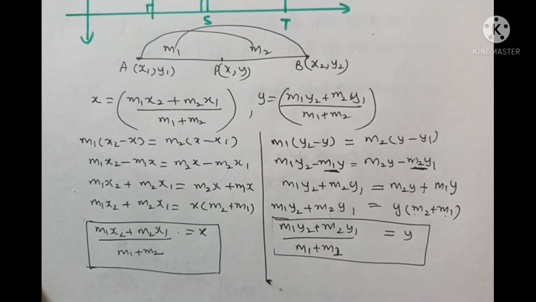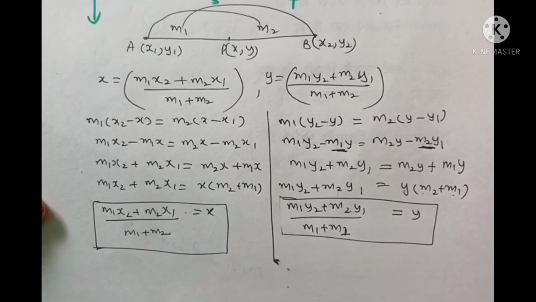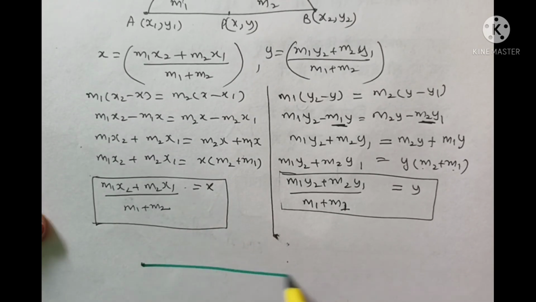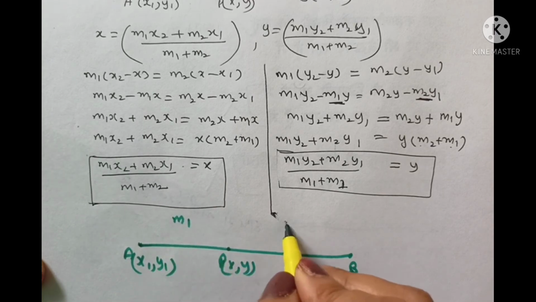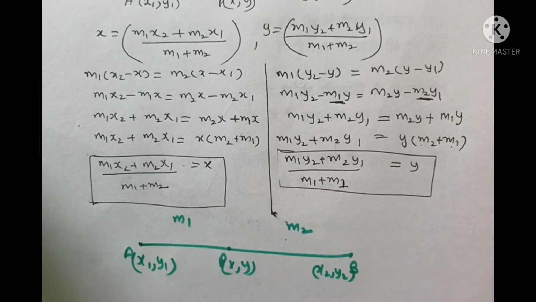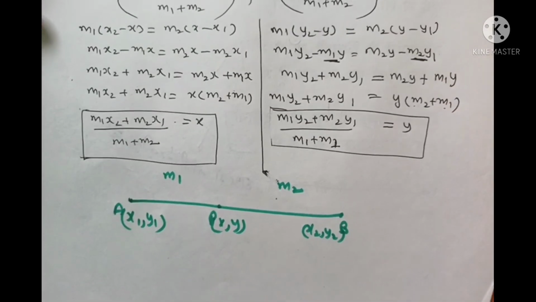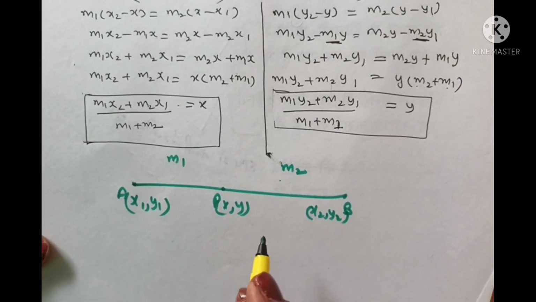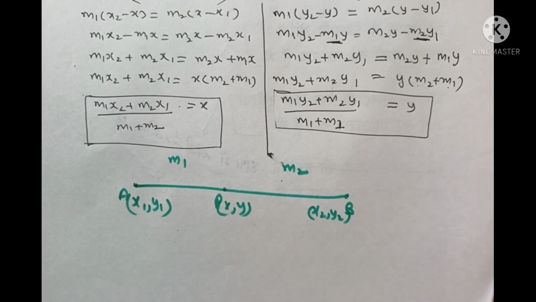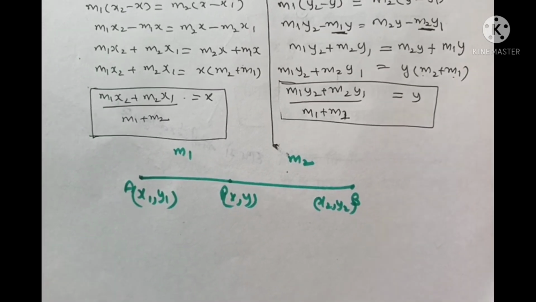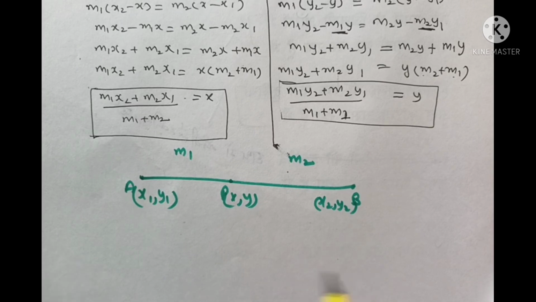Now let me again explain to you how to write down the formula. Let us draw the rough figure. Let the point A be (x1, y1), B be (x2, y2), and let the point P be (x, y), which divides this line segment in ratio m1 is to m2. So I would again repeat that for writing x coordinate, focus only on x, and also let us write it in a single attempt, because I prefer while doing the questions to apply this formula in a single go.